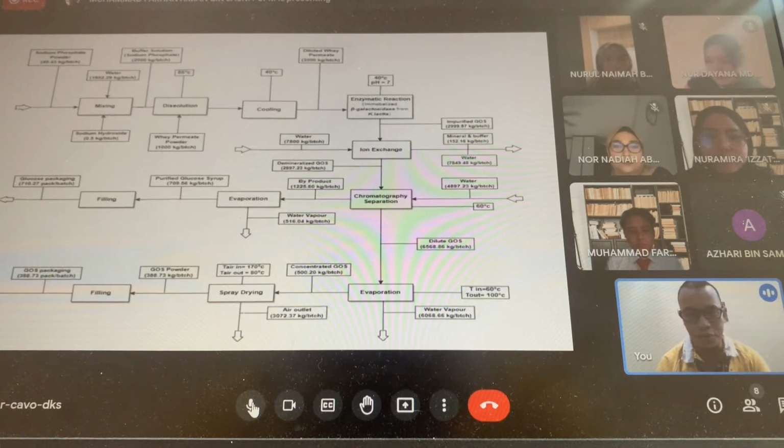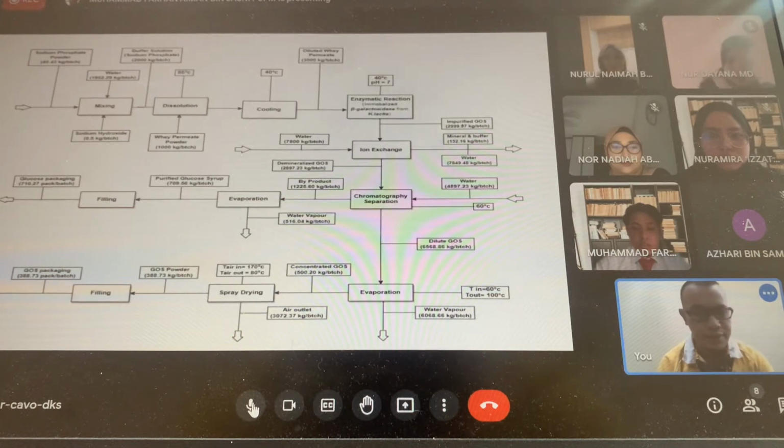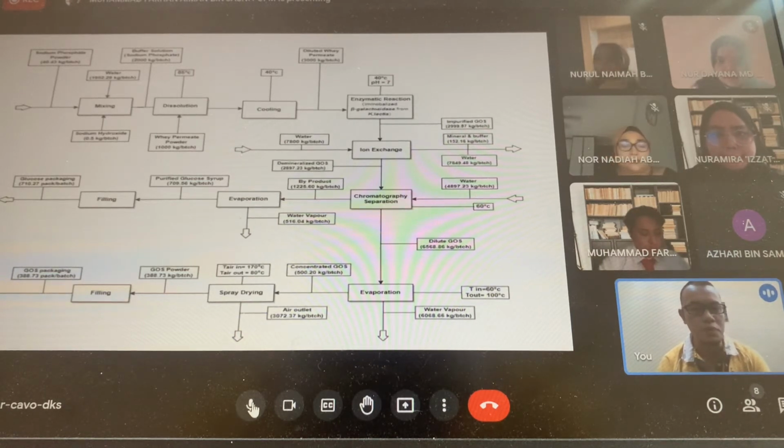I go not one by one. I go to the specifically very important process. So in the process I saw, the main process is the reactor. Okay, reactor process. The reactor is where for the enzyme you have to control the pH and the pressure.